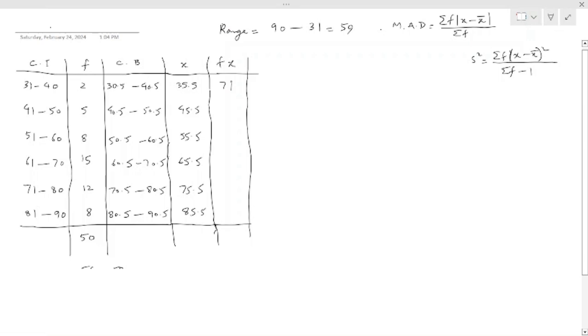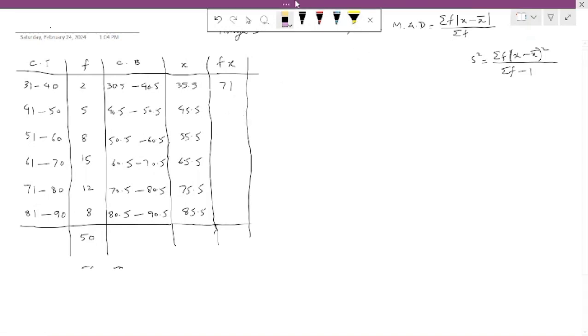For the second one, this is 45.5 times 5, which is 227.5.